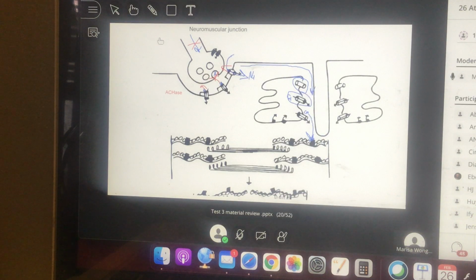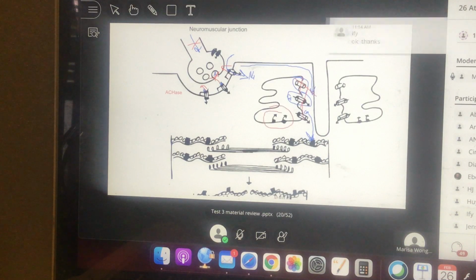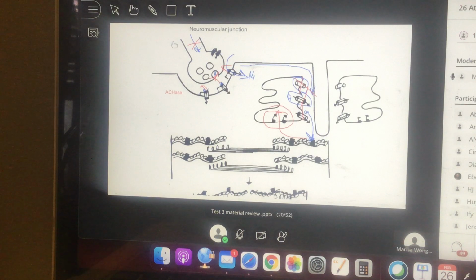If you don't have an action potential going down the T tubules, then our calcium channels are also going to close. They're going to close, close, close, and that's when these calcium pumps work to pull the calcium back into the sarcoplasmic reticulum.